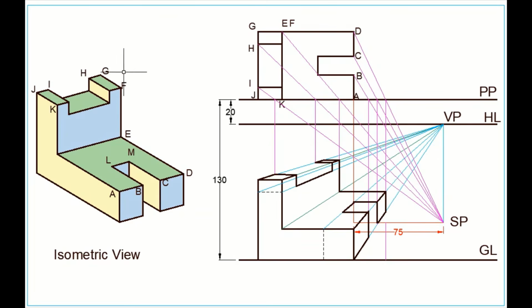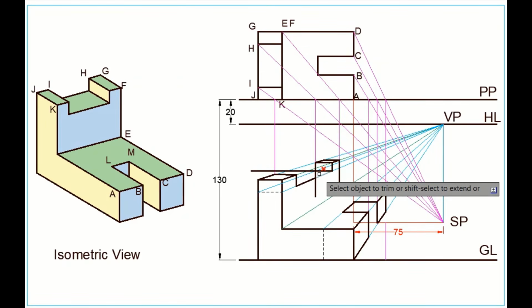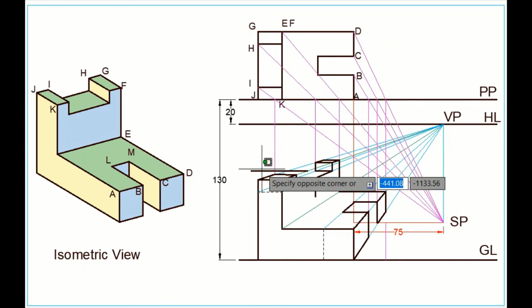Now tell me, how will you make this edge and this edge? This has to be a horizontal edge in one point perspective, and this little edge has to be a vertical one. So I just draw a horizontal line from here, and a vertical line from here. Wherever these two lines meet, I just trim the lines beyond this. I don't need these segments. And now I have to darken this edge.